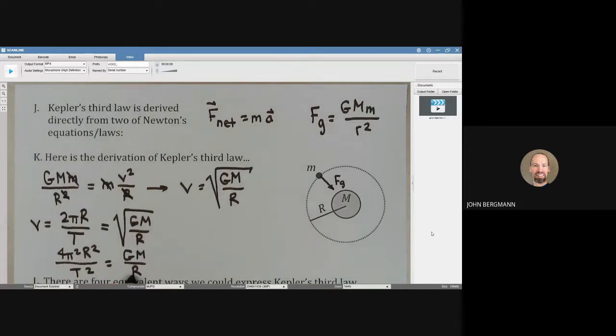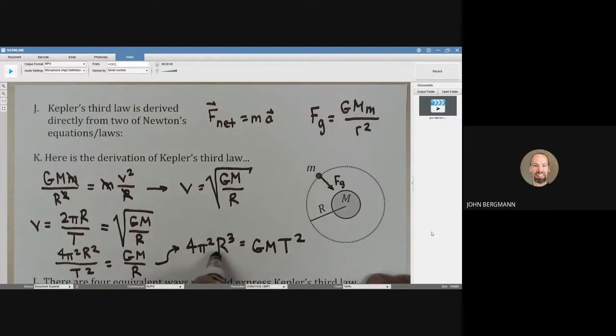You can see that the r's are going to give you an r cubed factor, aren't they? See that? When you cross multiply, shall I do that for you? Let's cross multiply that. 4 pi squared r cubed is equal to GM T squared. That is the essence of Kepler's third law right there.